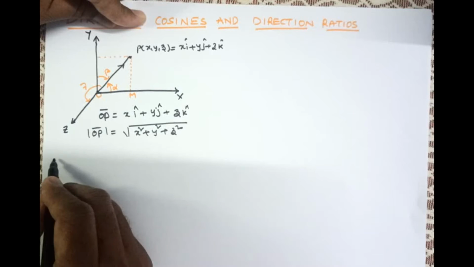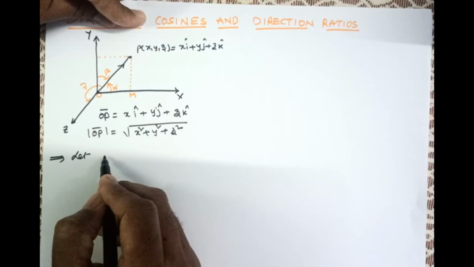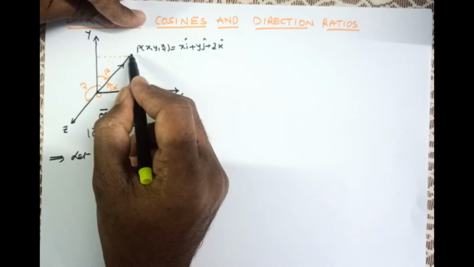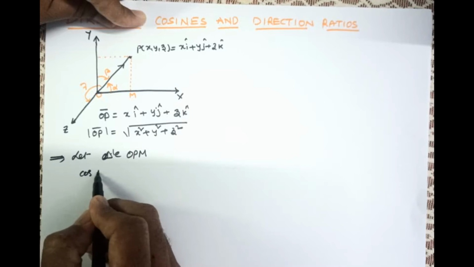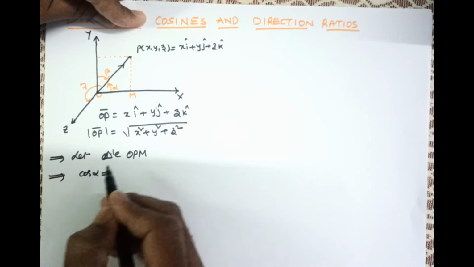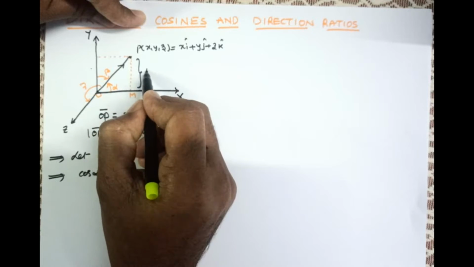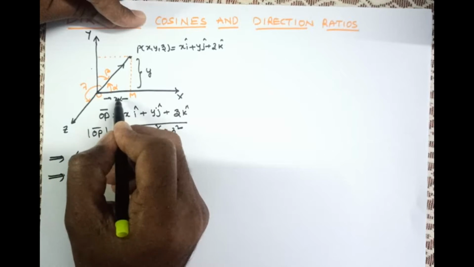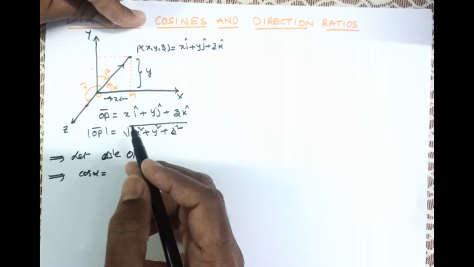Let us consider this triangle OPM. In this triangle, cos alpha is equal to adjacent side by hypotenuse. This length is x, the x coordinate, and another triangle we can take here, where the z coordinate will come.